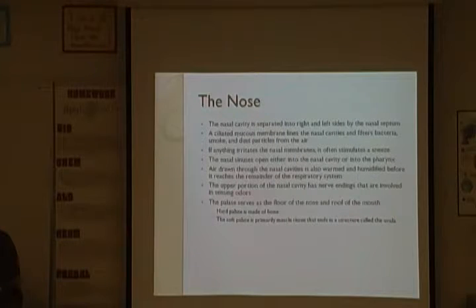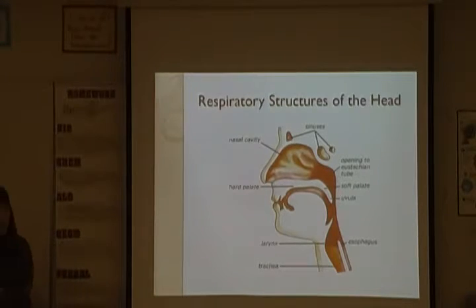All right, there is a diagram I'm going to show you on the next slide, but it's a diagram you'll need to know for your quiz. It's on page 517, figure 21-2. This is what it looks like. It's pretty easy.